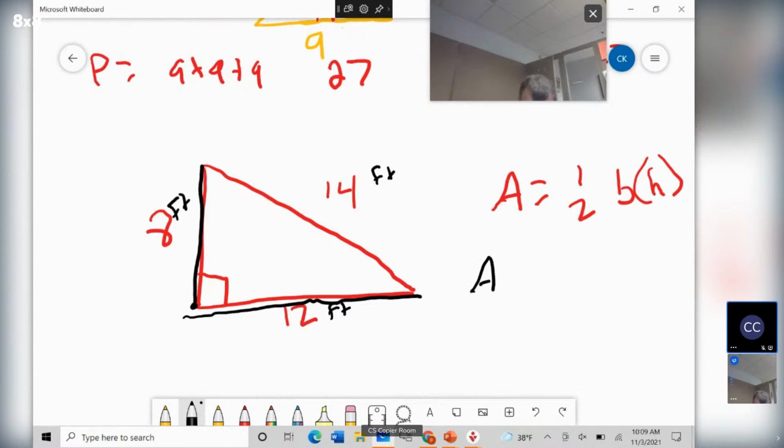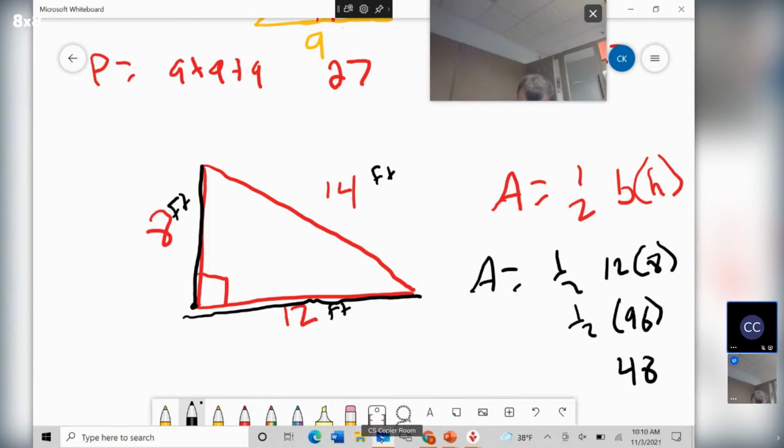Area equals 1/2. The base is 12 and the height is 8 feet. So 8 times 12 is 96. And then 1/2 of 96 is 48. So the area would be 48 feet.